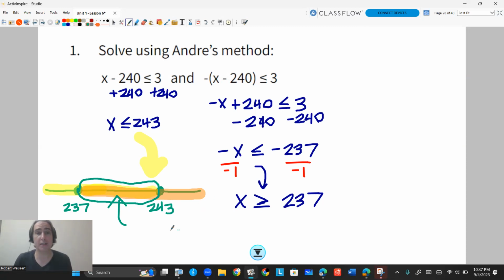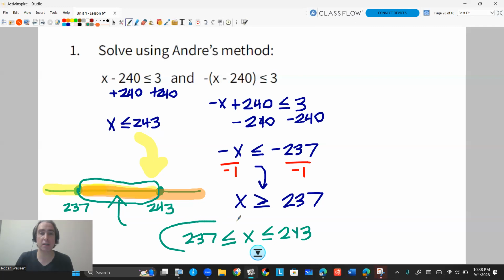We write it like this. We take our smallest number, 237, less than or equal to x, less than or equal to 243. This is a sandwich inequality. So that's technically the solution set to this inequality: any value between 237 and 243, including those 2 values.